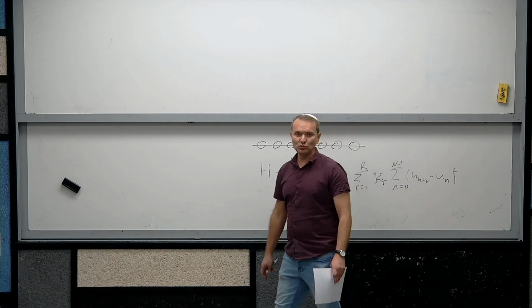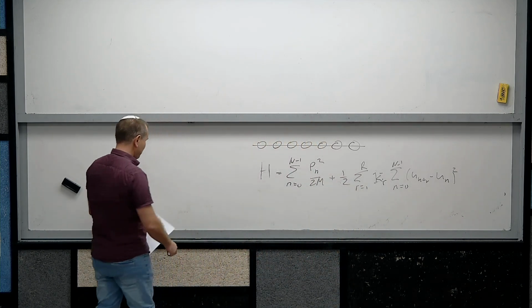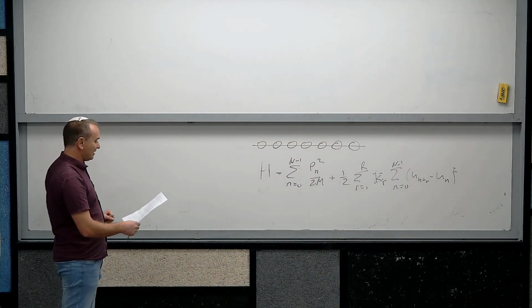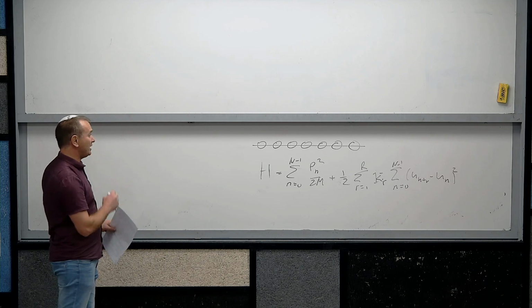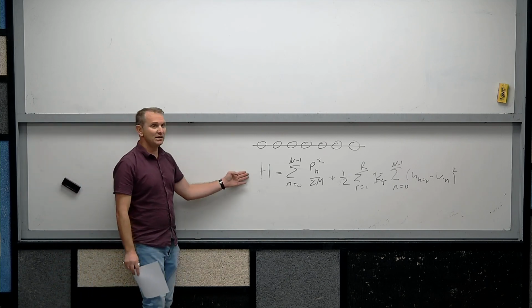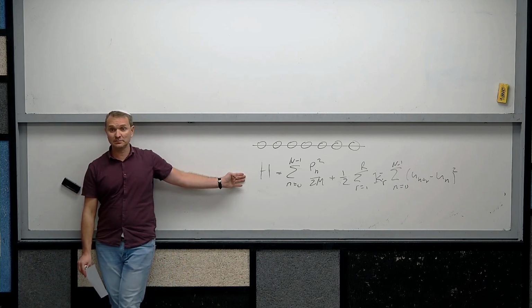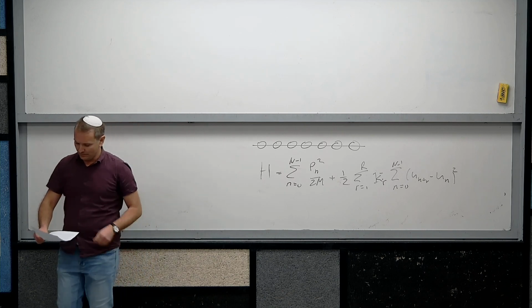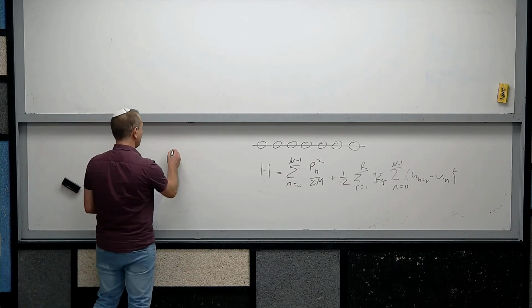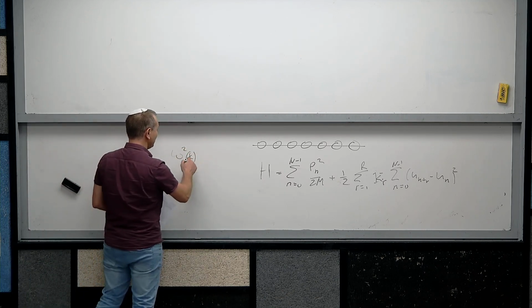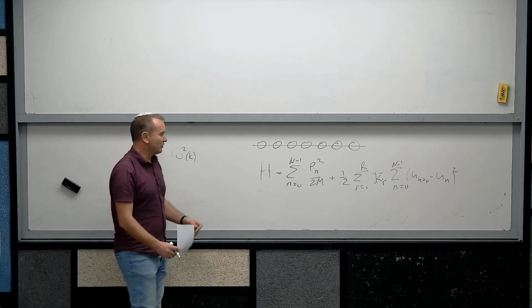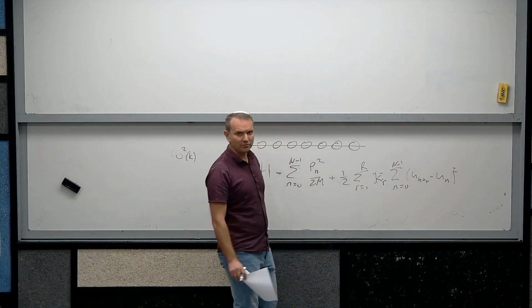We managed to diagonalize this, and in the diagonalized form we obtained that it's just a bunch of harmonic oscillators, right? And the omega of each of the harmonic oscillators depends on some parameter k, not this k_r over here.